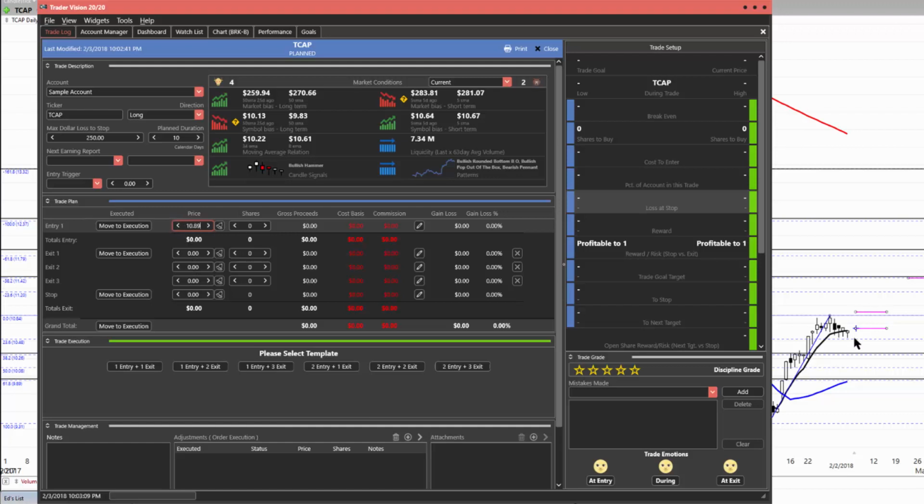And our stop we're going to put down here someplace like 1064. With our first target up here about 1140, what? 1142? That's good enough. The second one up here about 1185.